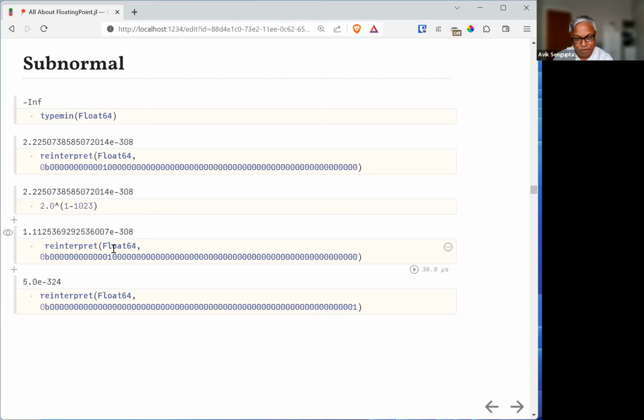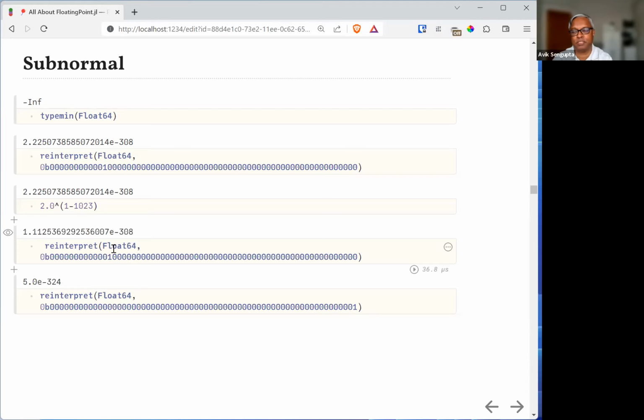But if you start to put leading zeros in the significand, then that becomes a subnormal number. The reason why subnormal numbers exist is to give you a gradual underflow, so that the minimum number representable becomes smaller and smaller in floating point. You don't just jump to 0 from a smaller number.